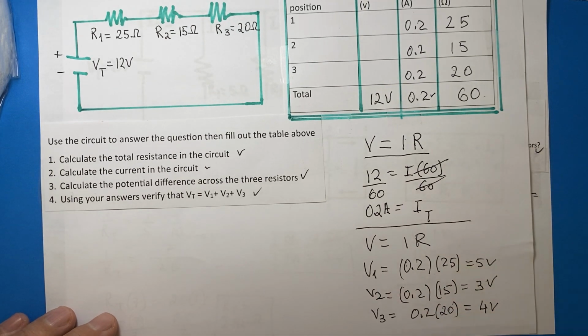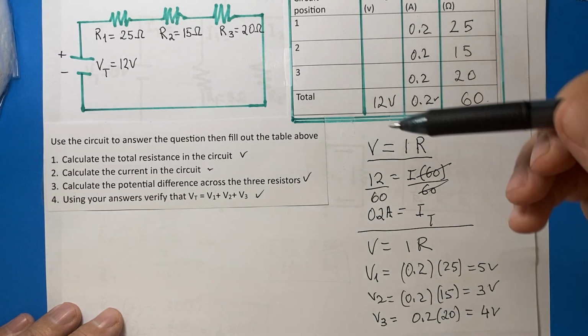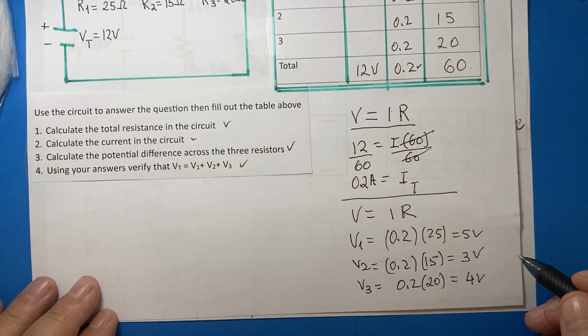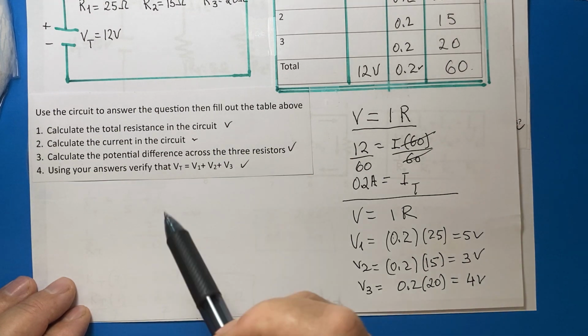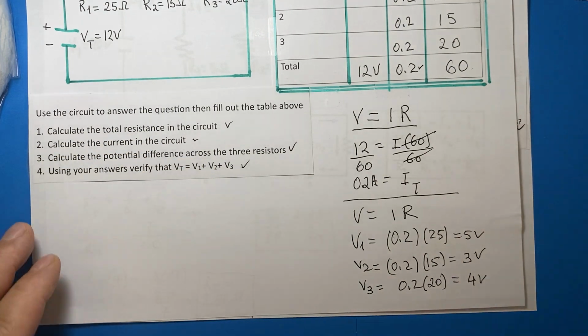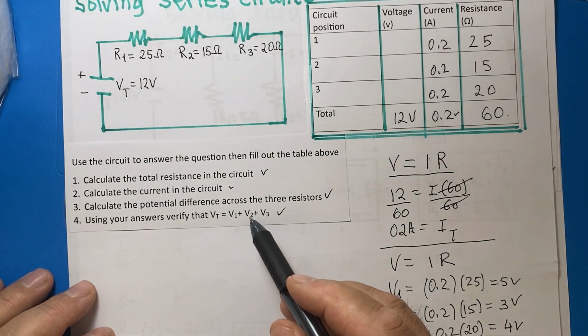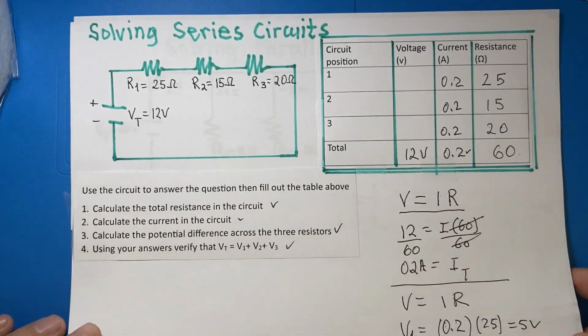For the second resistor, the same way, multiply the total current by the resistance, which is 15, you get 3 volts. And for the third resistor, you have 0.2 times 20 is 4 volts. When you add these together, you'll get 12. So using your answer, verify that Vt equals V1 plus V2 plus V3. We just proved that.